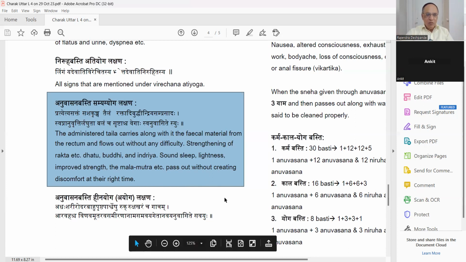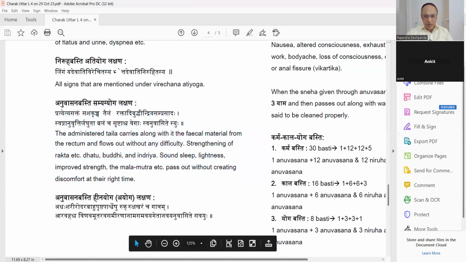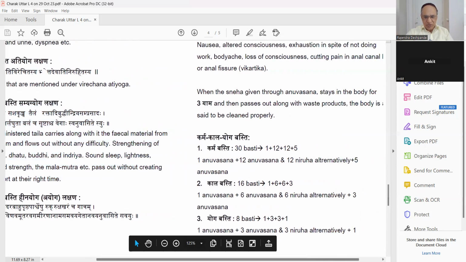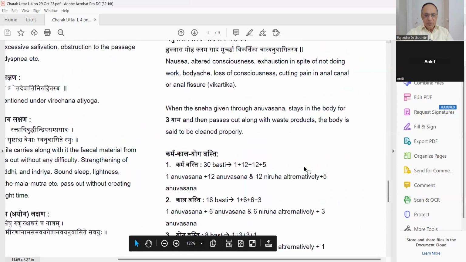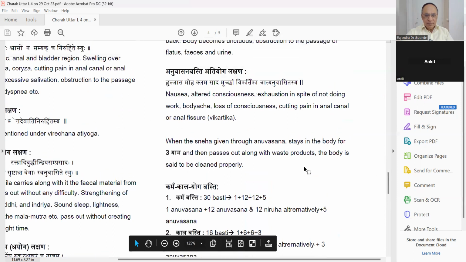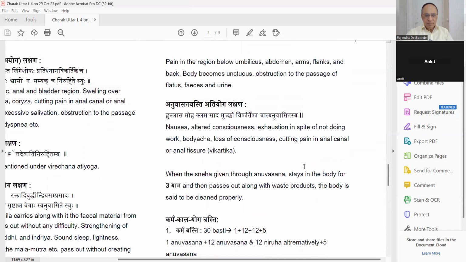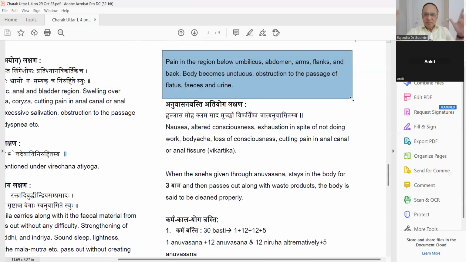Now we will see Anuvasana Basti Hina Yoga, on the right side of this page. So let us go slowly up. Okay. Anuvasana Basti Ayoga. What is Ayoga again? Ama remains there, vata, pitta, kapha, bad things remain in the body. So problem, pain will always be there.